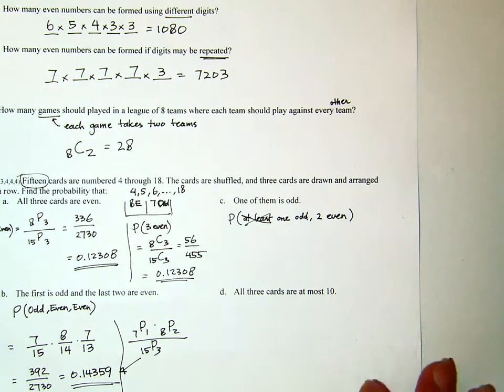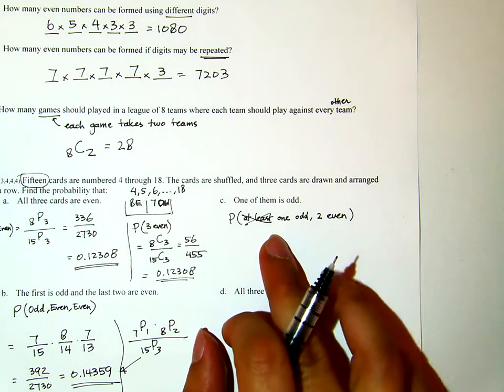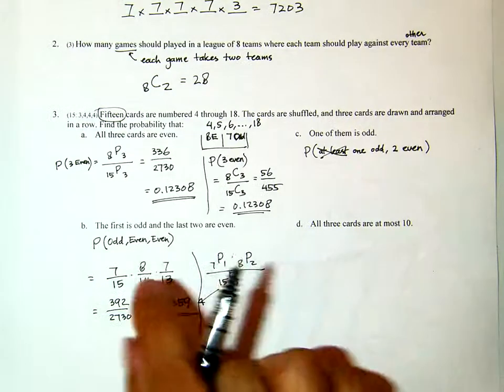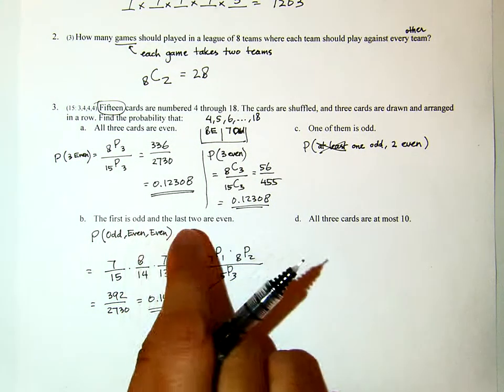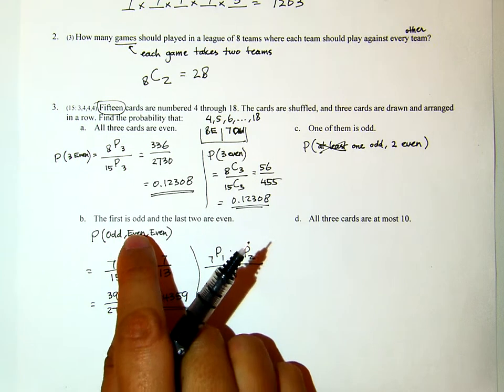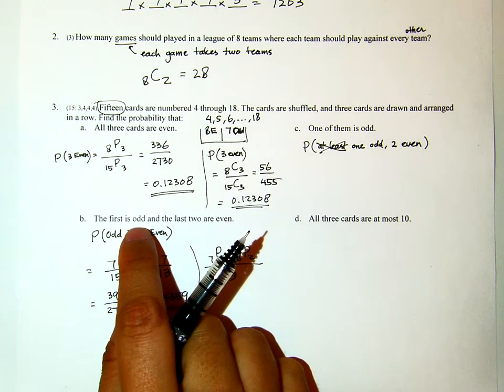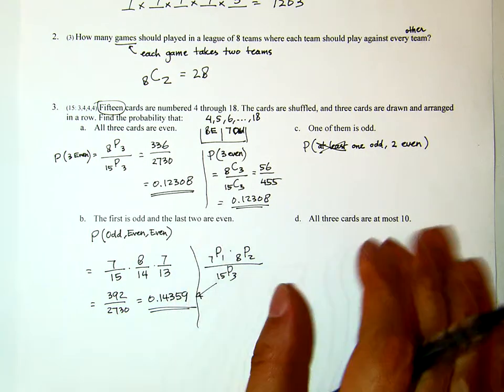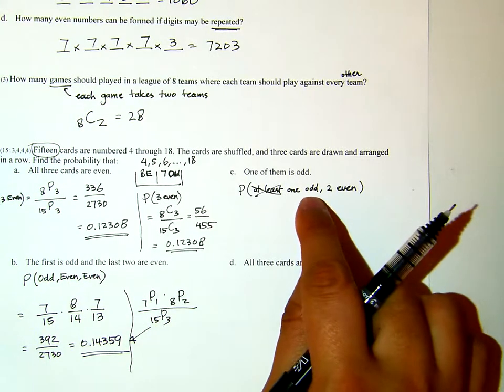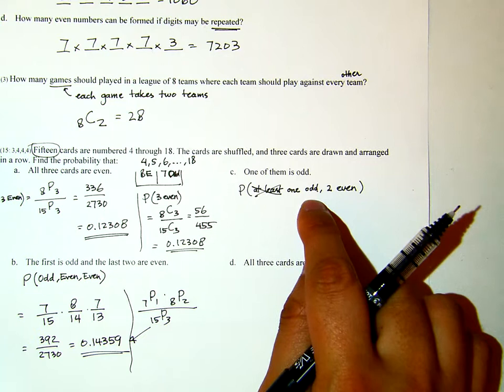Notice that this probability is different from the previous one. There, you have one odd and two even, but the order is important: the first one has to be odd, and then the last two are even. Here, it doesn't matter whether the odd number is in the first, second or third place.